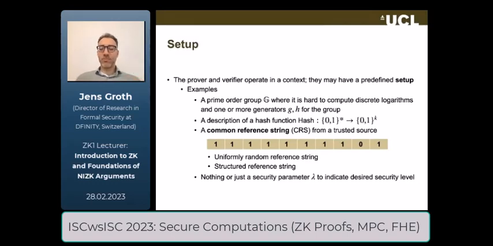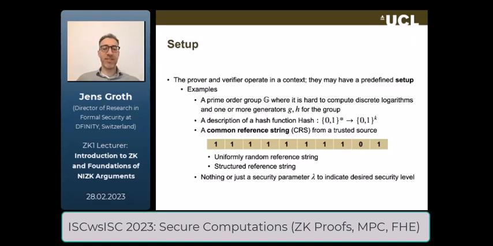Okay, so we're going to talk about how to develop zero-knowledge proofs. And I want to start by saying that often zero-knowledge proofs operate in some sort of real-world setting where the prover and the verifier have a predefined setup. Maybe they already agreed that we're going to use this prime order group because NIST developed it, right?